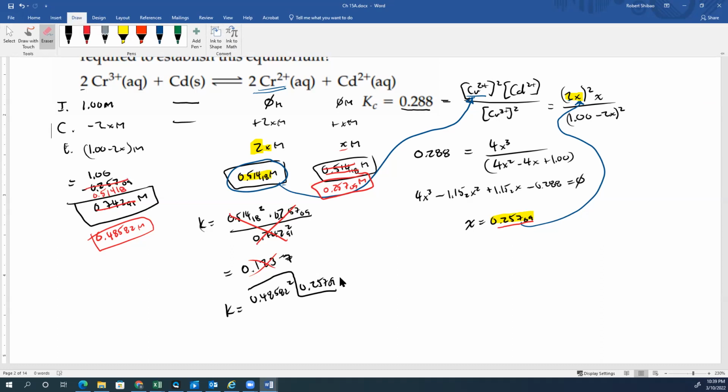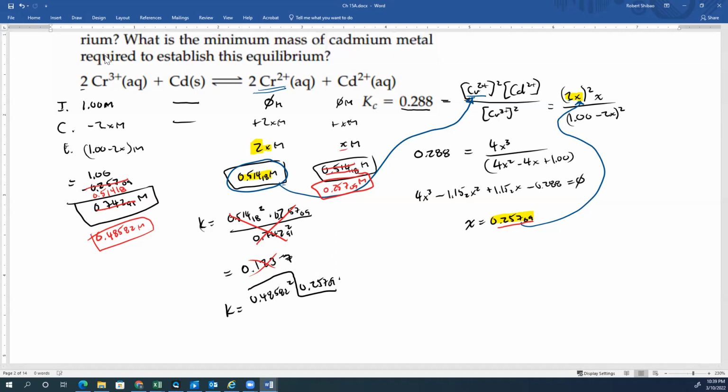So let me just do it this way. 0.25709 times 0.51418 squared. Okay, so try this now.